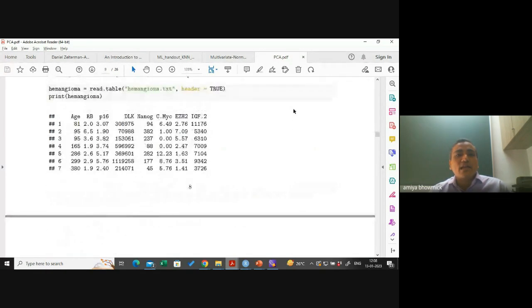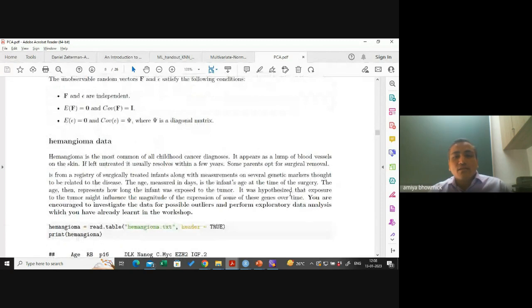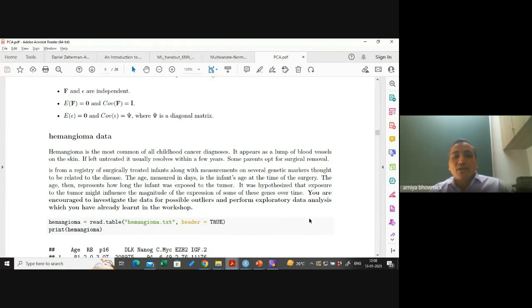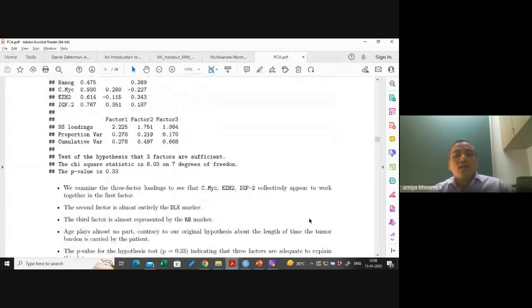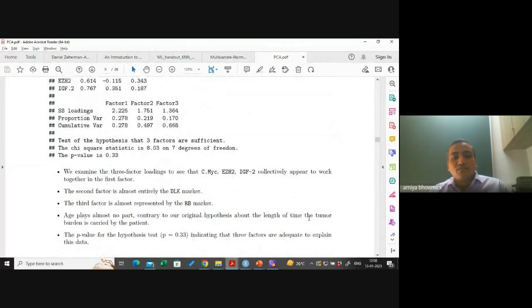It was hypothesized that exposure to the tumor might influence the magnitude of the expression of these genes over time. But it seems that age does not have any significant dependence and cannot be associated with any of these factors. This outcome is important.